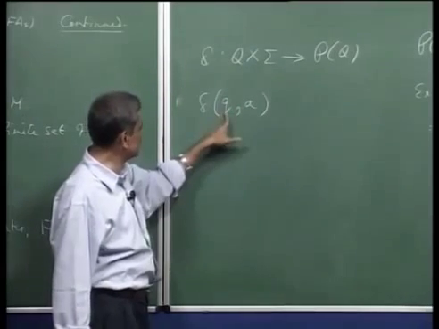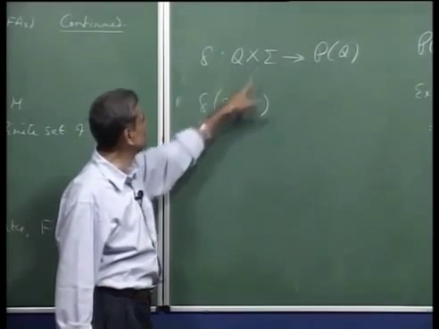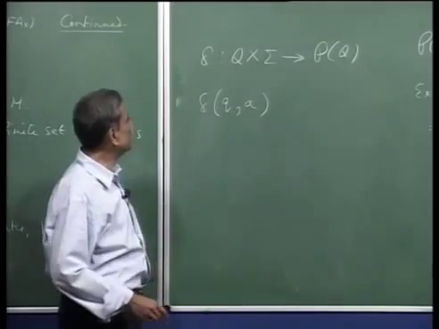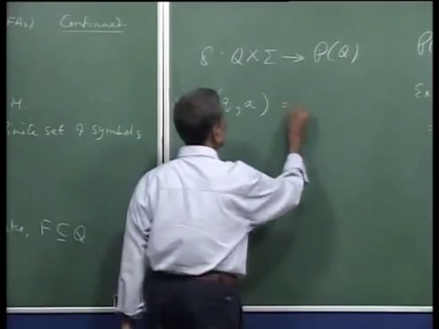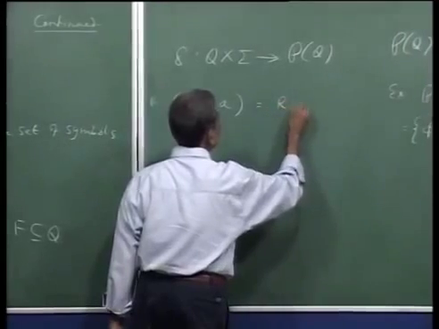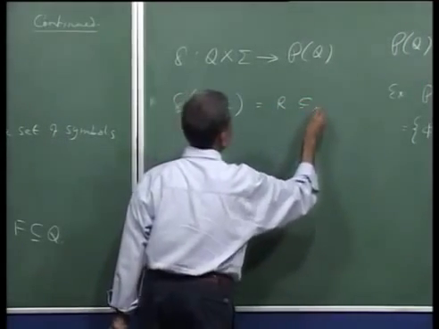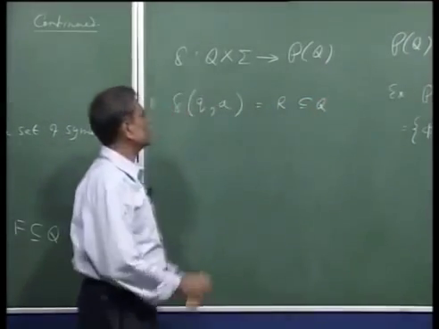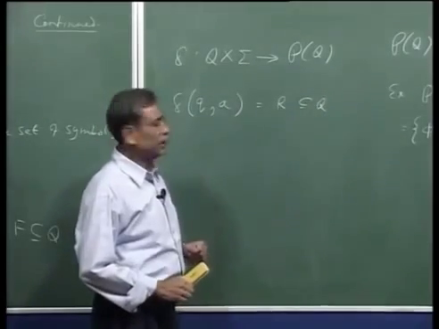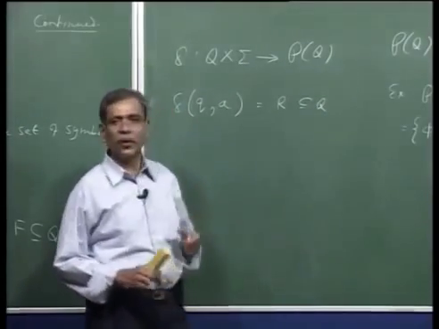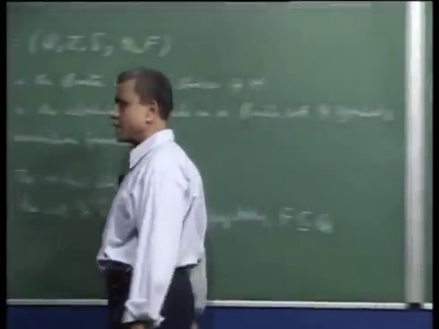So, this is a state of the NFA, this is a symbol of sigma, and this will be some R which is a subset of Q. Let us see how it captures our informal understanding of NFAs.